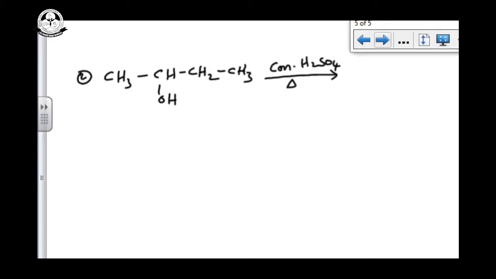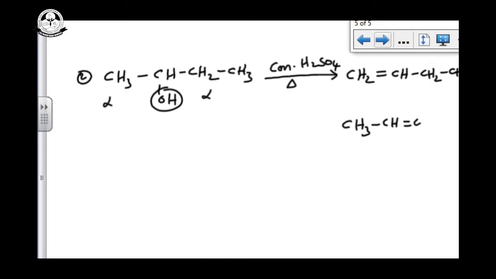OH I remove from this carbon, and hydrogen you can remove from this carbon also. This is an alpha carbon and this is also an alpha carbon. Suppose I remove from the left side carbon, the answer is CH2=CH-CH2-CH3. If from the right hand side carbon you are removing, the answer is CH3-CH=CH-CH3.